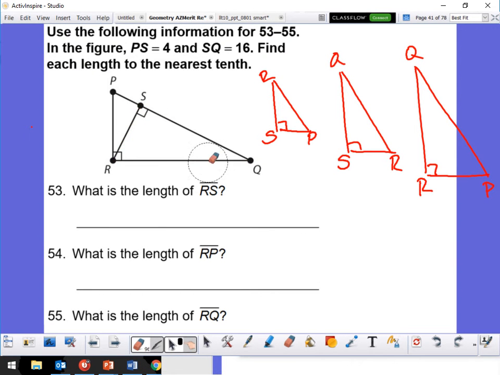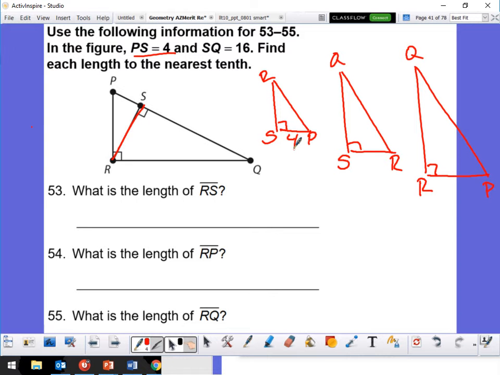So we're going to solve everything we need to in this triangle. I'm going to start with RS. RS is right here. It's in the small triangle and the medium triangle, right? So I'm going to do some math for this. PS is 4, so I'm going to put that right there.